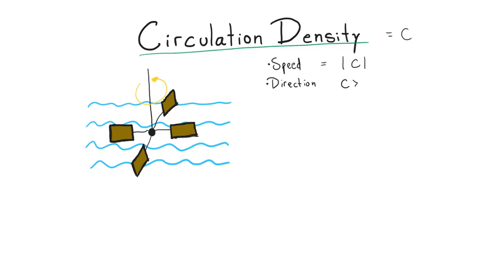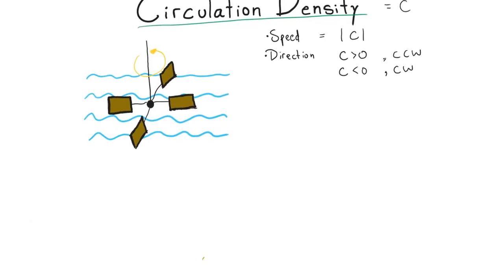So if c were greater than 0, then that would mean that our object is being spun in the counterclockwise direction. And if our c were less than 0, it would mean that our object were being spun in the clockwise direction.